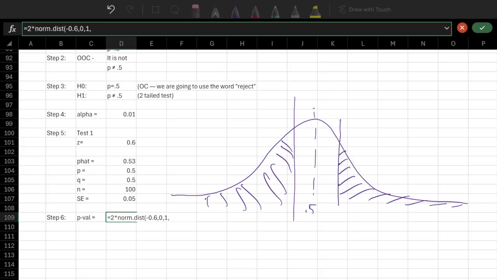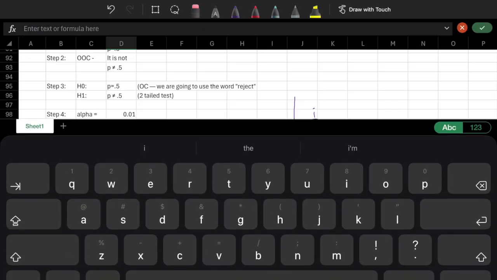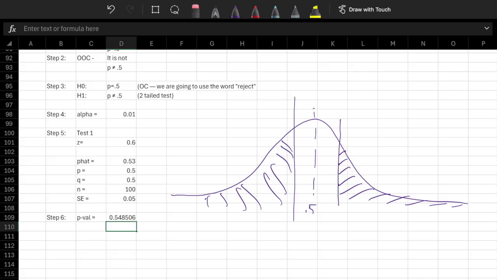Okay, there's my p-value. All right, now, these areas here are the same. It doesn't look like it the way that I drew it, but they are the same. This here is 0.6. This one here is negative 0.6.